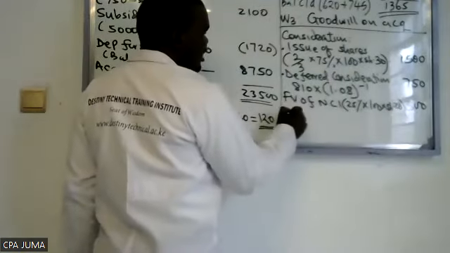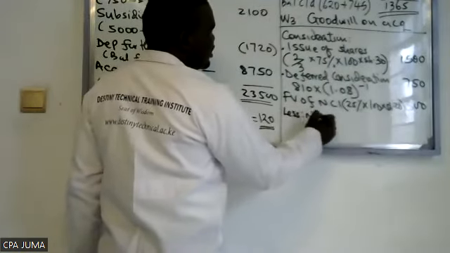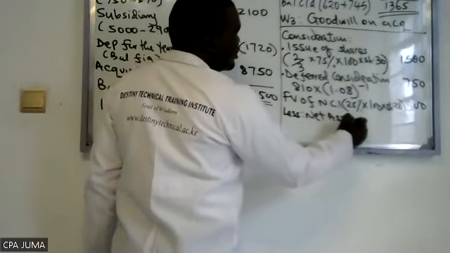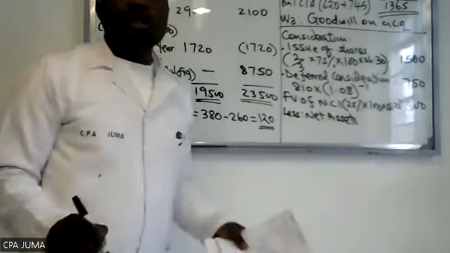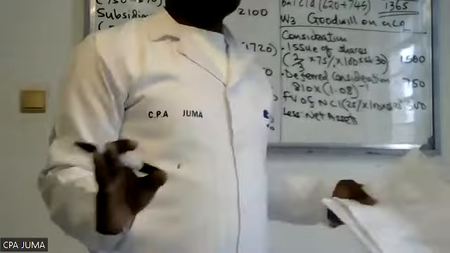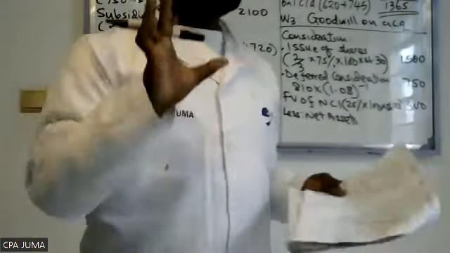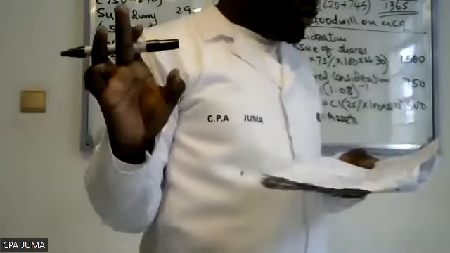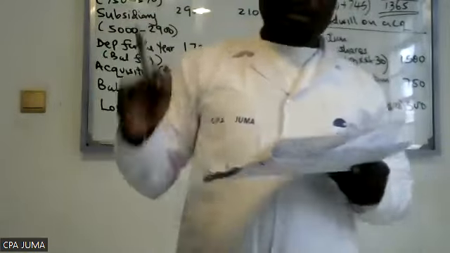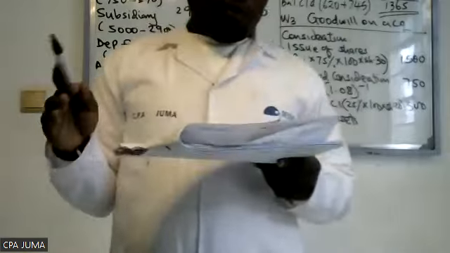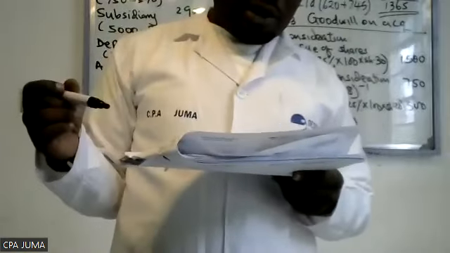Then, I don't want to waste a lot of time. Less net assets. Net assets in this case, the examiner didn't bother to give you equity on acquisition, retained earnings. Check note 2, the very last bit of note 2, they acquired assets and liabilities.